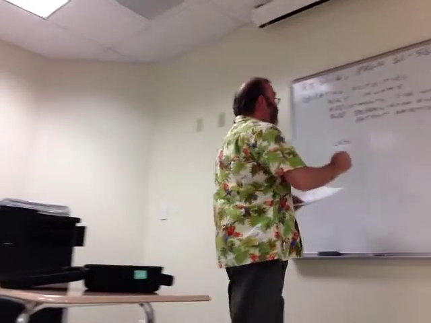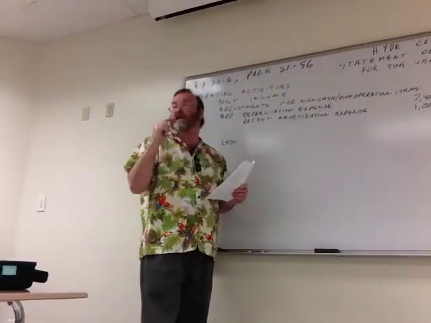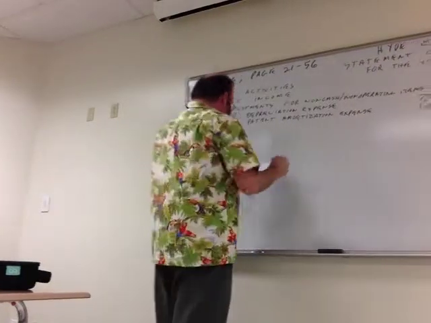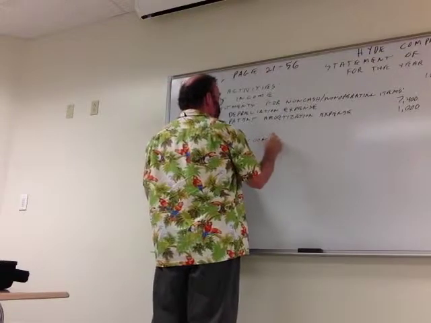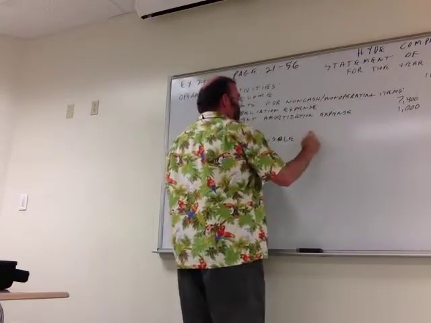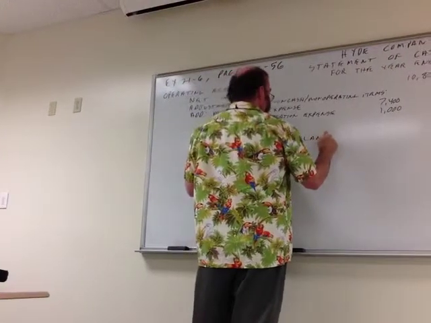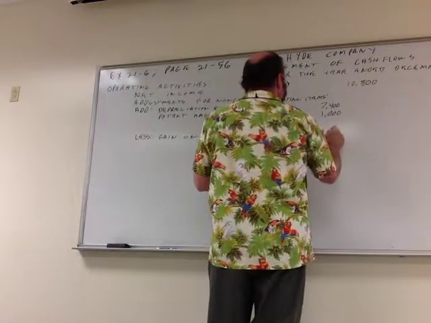They do, however, have a non-operating gain on sale of land, item H. So we need to subtract that gain because the gain increased net income, but it's not operating in nature. $8,000.